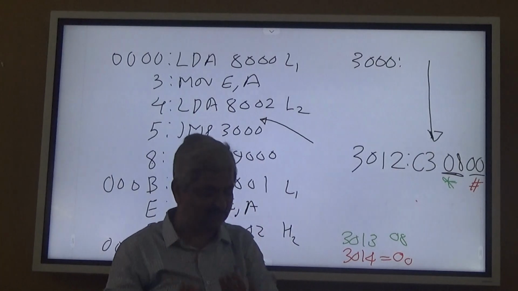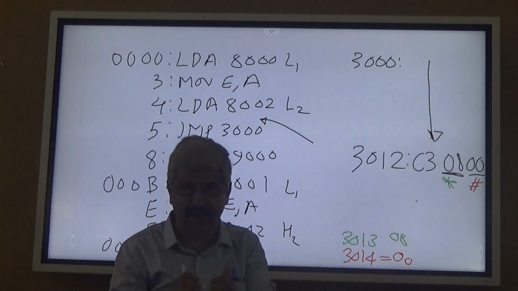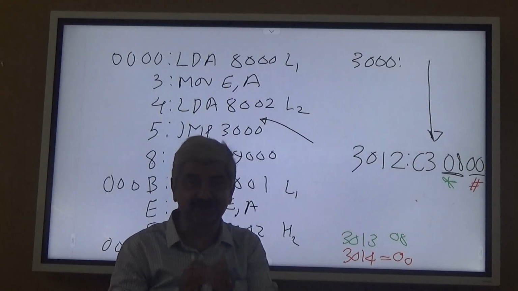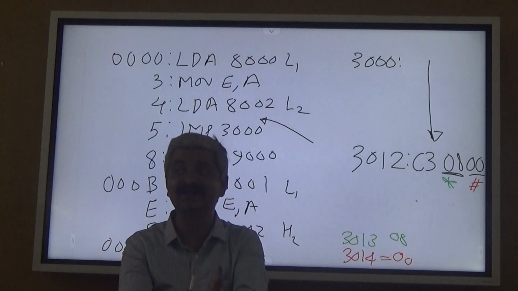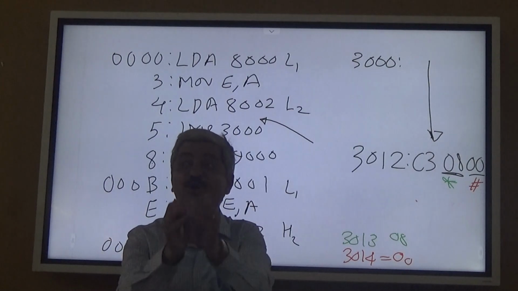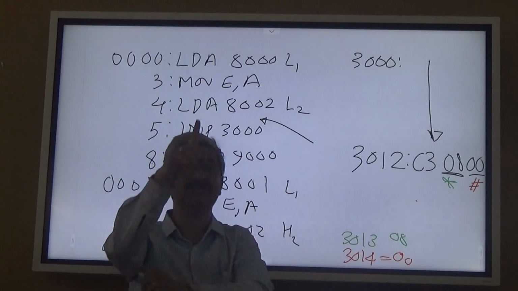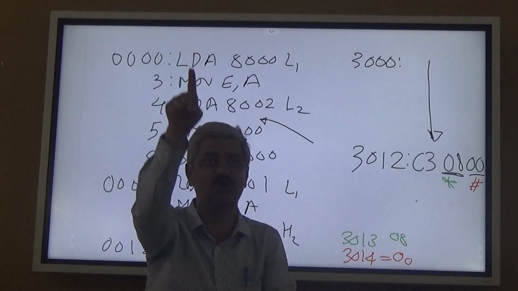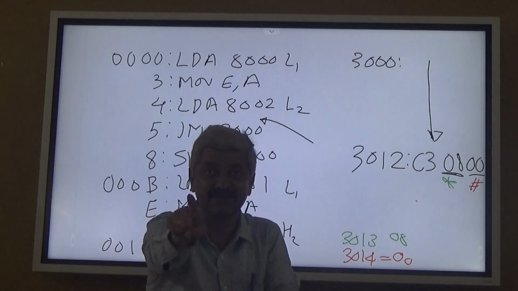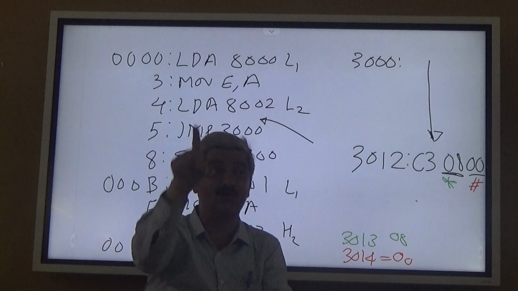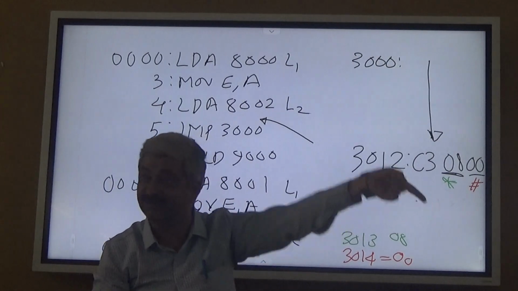Listen very carefully, I am trying my level best. 3012 ॲड्रेसला जंपचा ऑपकोड असेल C3, तर ती इन्स्ट्रक्शन मला कुठल्या ॲड्रेसला घेऊन जाईल की जो वर्ड 3013 आणि 3014 ला स्टोअर केला असेल तिथं घेऊन जाईल. जंप इन्स्ट्रक्शन which is written at 3012. Jump is how many byte instruction? 3 byte instruction. First is opcode C3 which is at 3012, and at 3013 and 3014 there will be some values, so that will take me to that address.